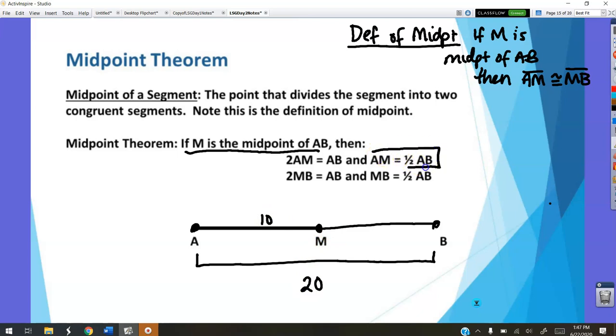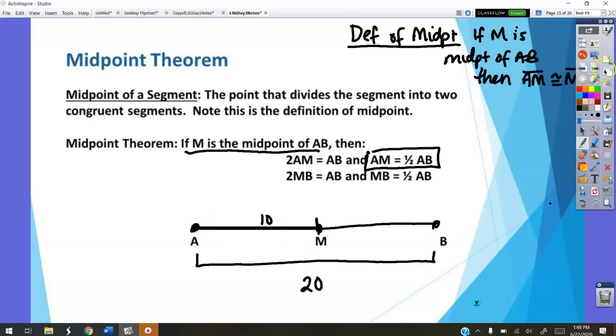So the midpoint theorem tells us that this little guy is half of the whole thing, or vice versa for the other side, or that 2 of these little guys make up the whole thing. So that's the midpoint theorem. The definition says the 2 parts on either side are equal. The theorem says that this guy is half of the whole thing. Okay, so that's the difference between the definition versus the midpoint theorem.